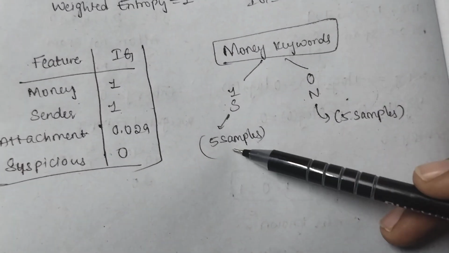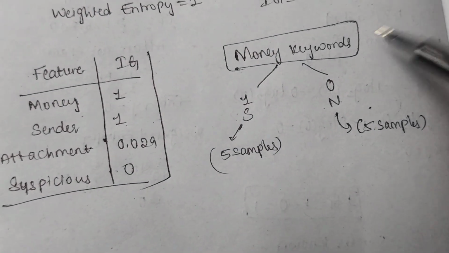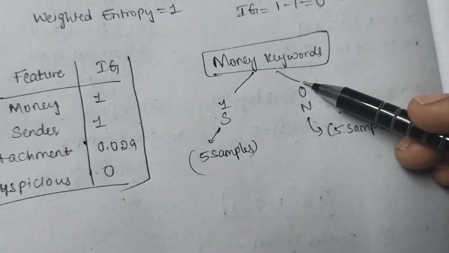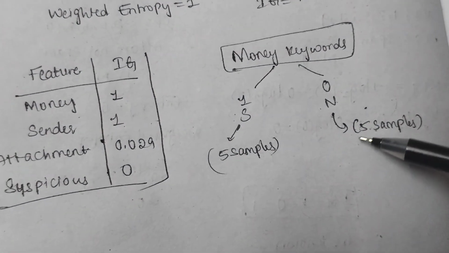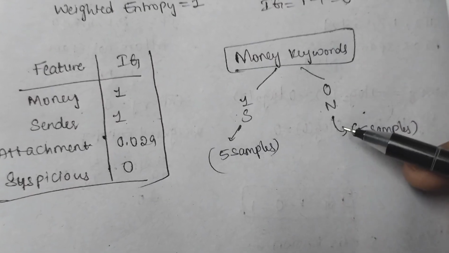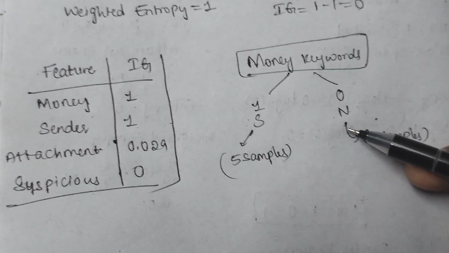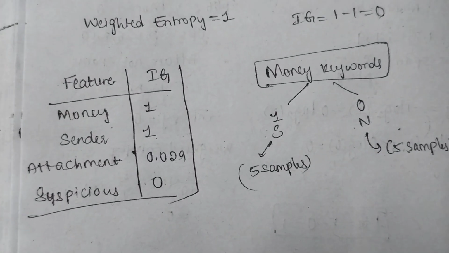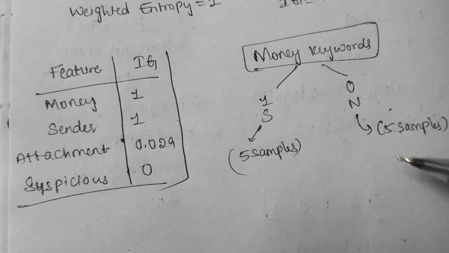Here we got 5 samples, and here also we got another 5 samples. If money is equal to 1, it is always spam. If money is equal to 0, it is always not spam. This is a perfect data set. That is why only one split is enough, and no further branching is needed. The leaf nodes are money equal to 1, that is spam, and money equal to 0, that is not spam.